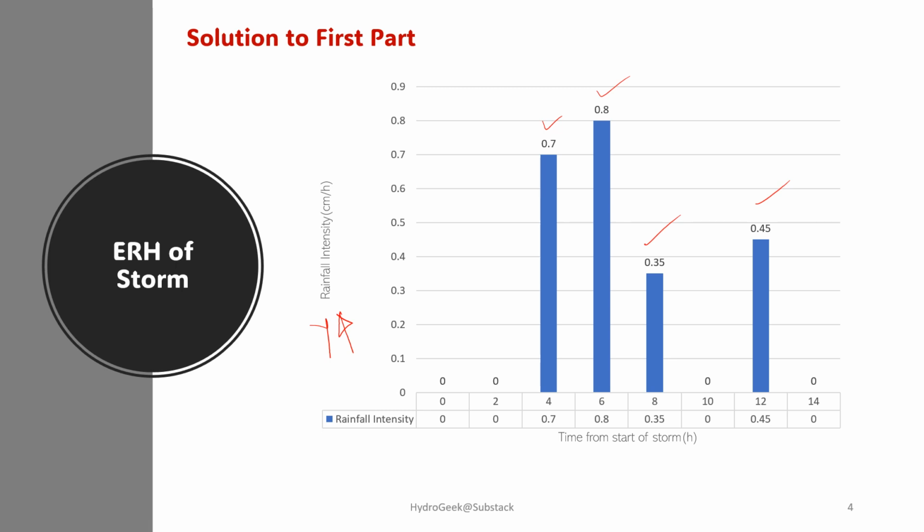Now to find the area of ERH, as you know, the area of ERH, which I discussed in the first slide, into catchment area, is your volume of DRH.